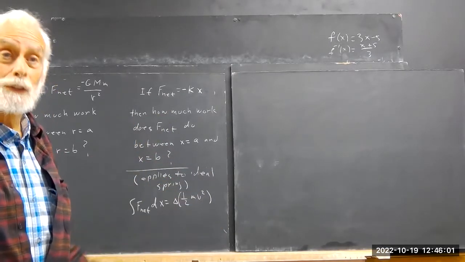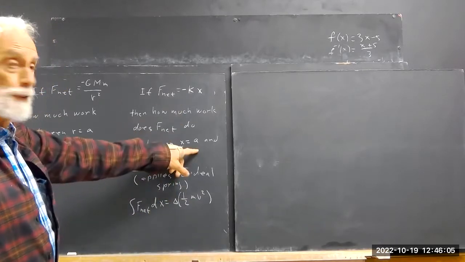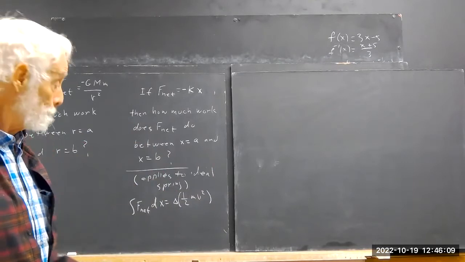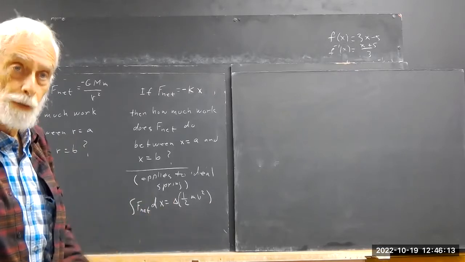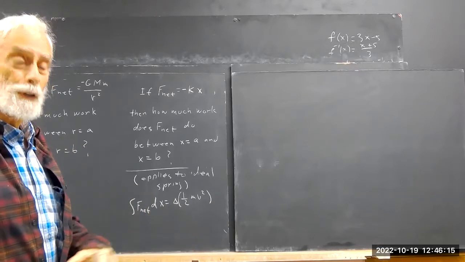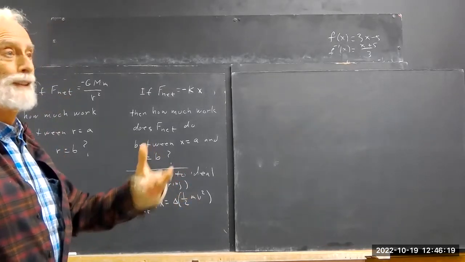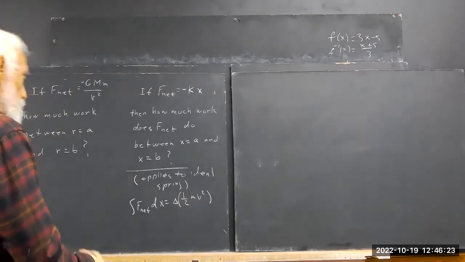I could ask, okay, what is the change in kinetic energy? Or if the velocity at this point is this, what's the velocity at this point? Then you have to use the change in kinetic energy. Or you could calculate the acceleration and integrate acceleration, because you know to integrate acceleration to get the change in velocity. At least you knew that the first week of class, okay?